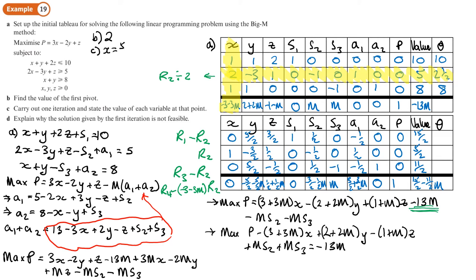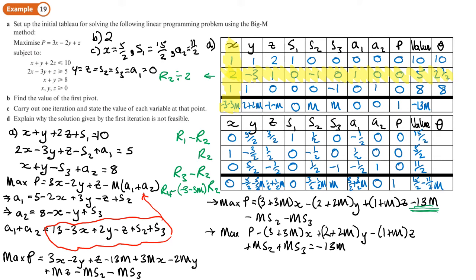S1 is 15 over 2. And A2 is 11 over 2. So everything else, y, z, s2, s3, and a1 are all 0.